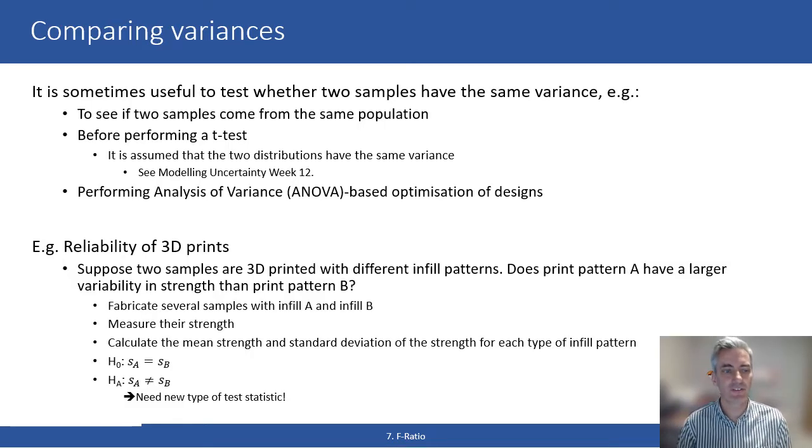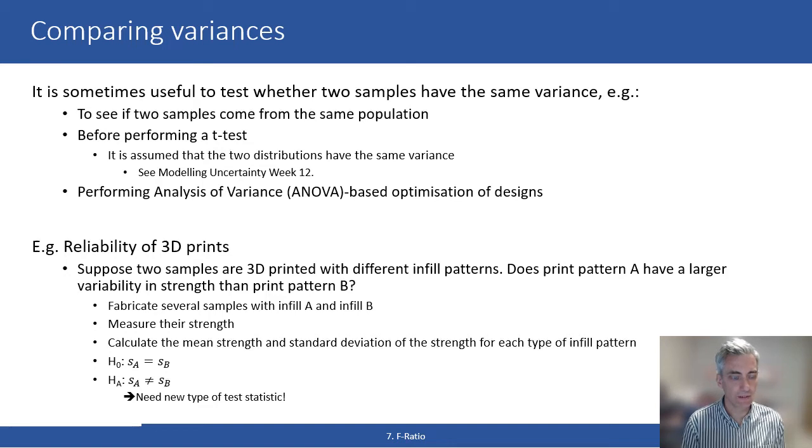It's often necessary to test whether a particular system is producing an output with a variance equal to a specific value or not. For example, let's say we're manufacturing electrical resistors and we want to manufacture 100 ohm resistors within a tolerance of 10 ohms, so 10%.